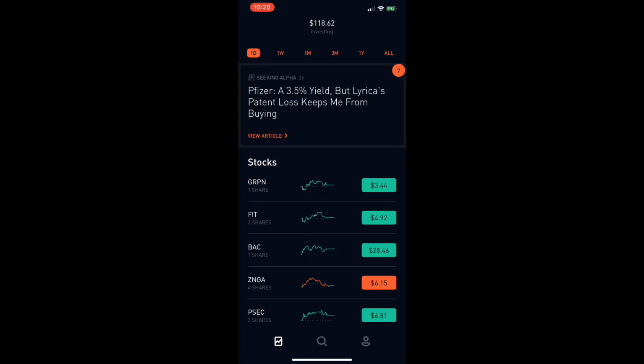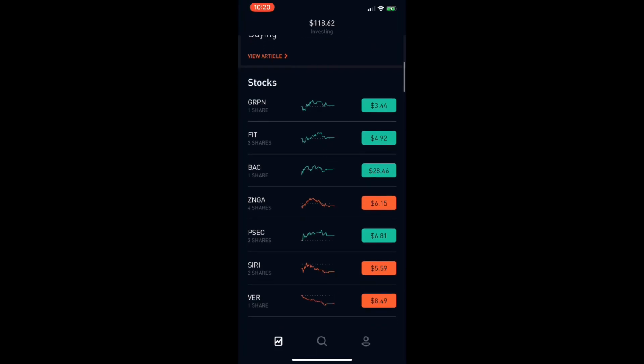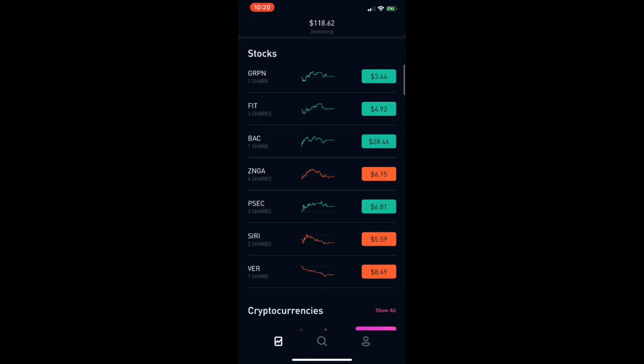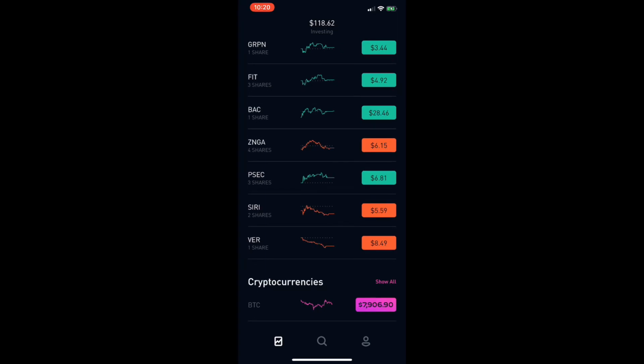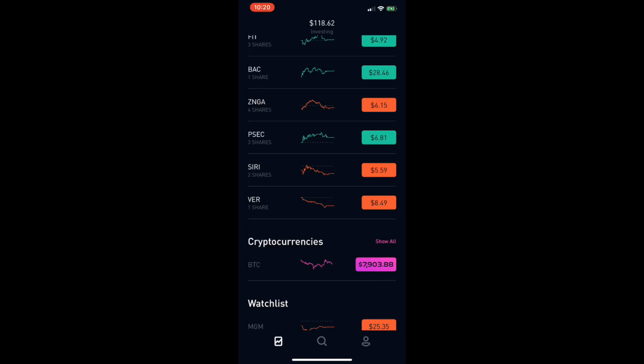And then when you accumulate the free stocks, which would be Groupon, GRPN, FIT, ZNGA, SIRI, what you do next is you wait for 3 days, because you can't sell them right then and there.